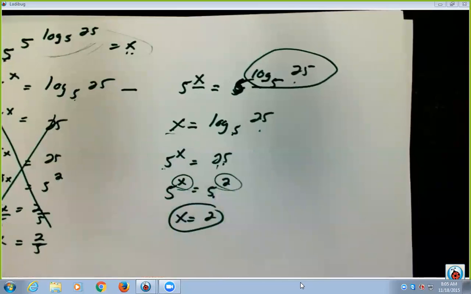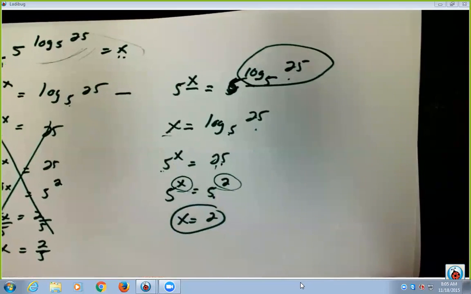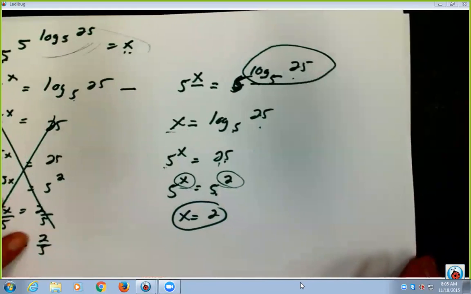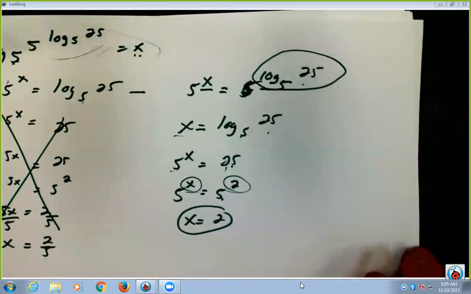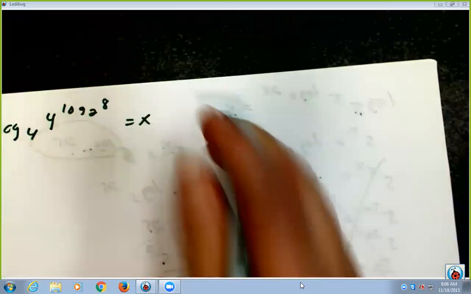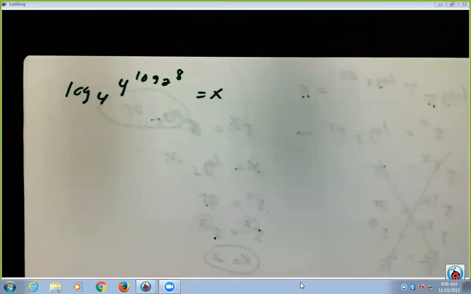So let's take another look at a different one of those. And let's do the next one that was listed in there. So let's see what we do with this next one. So log 4 log 2 8 equals x.